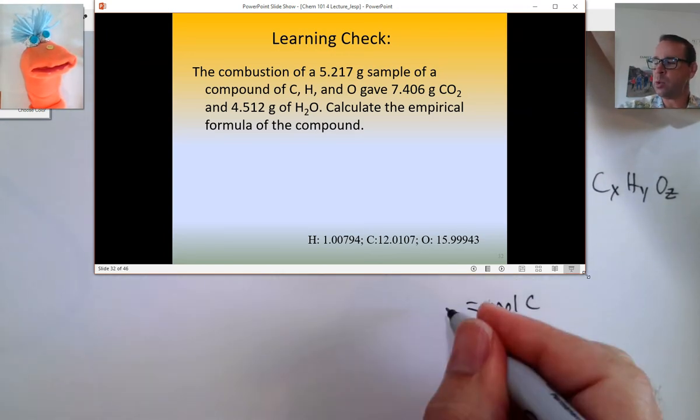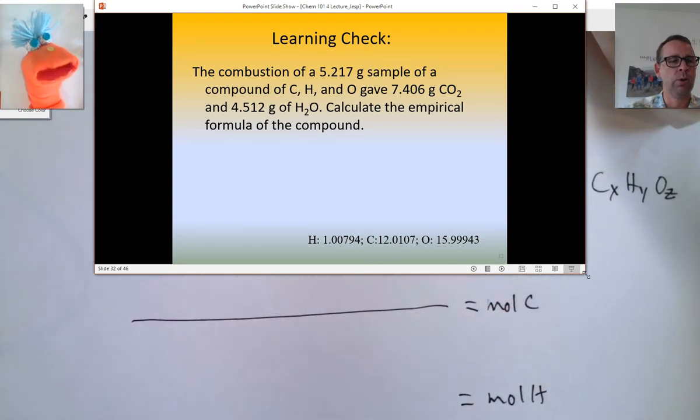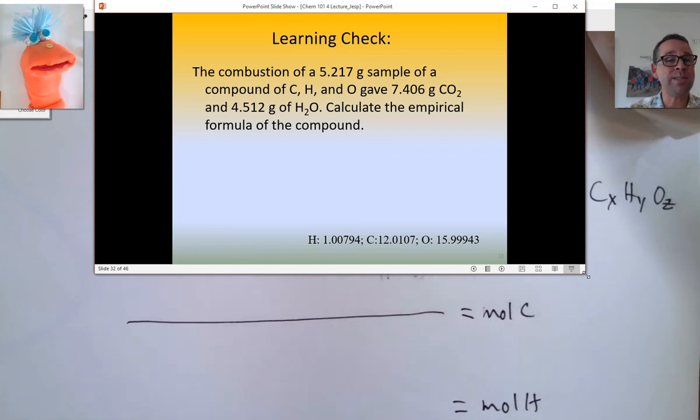How are we going to get moles of carbon? Well, what did we say in our chemical formula that we drew just a second ago with carbon dioxide and water? What did we say related to the moles of carbon? Was it the carbon dioxide? That's right. The carbon dioxide came from the carbon in the initial compound being burned.